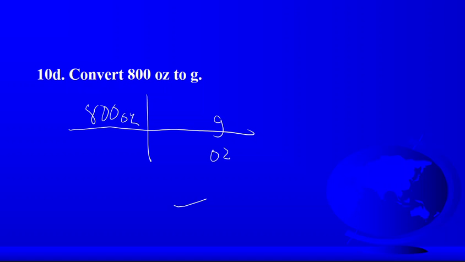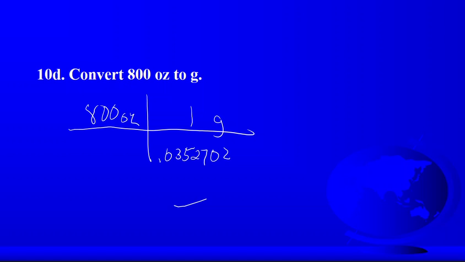English, okay, then find on that English chart, 7 o'clock, the conversion of ounces to grams. Which one is 0.035? 0.035 ounces to 1 gram? Very nice. So here we go.